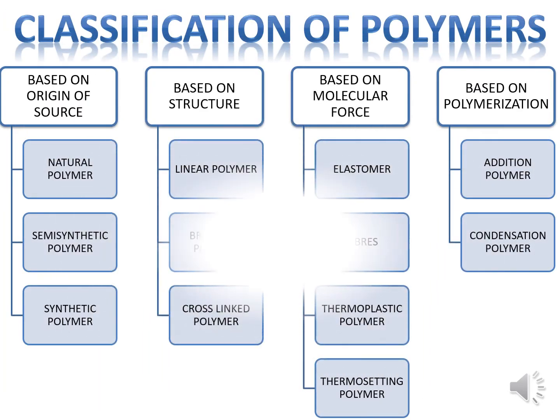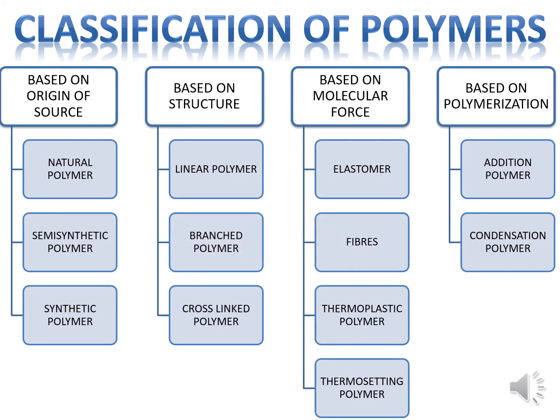Classification of polymers. Polymers are classified into four types. First, based on origin of source. It is subdivided into natural polymer, semi-synthetic polymer, synthetic polymer. Second, based on structure. It is subclassified into linear polymer, branched polymer, cross-linked polymer.